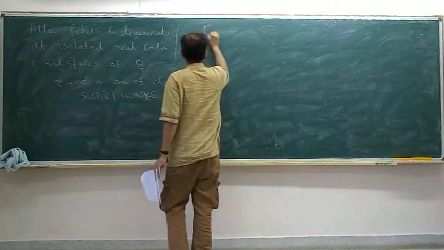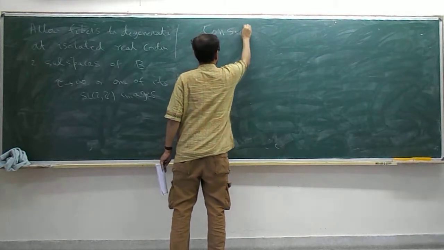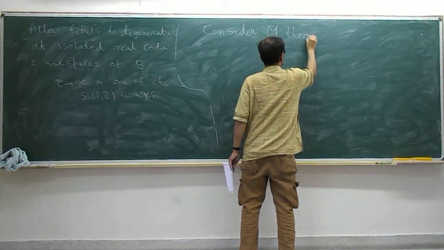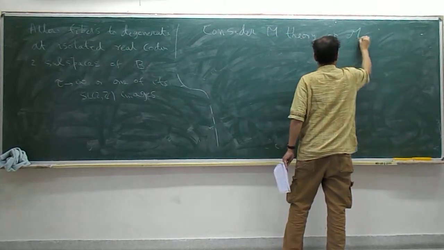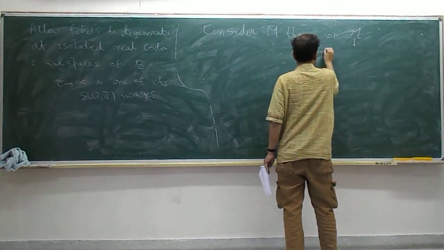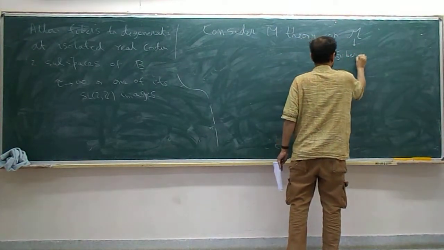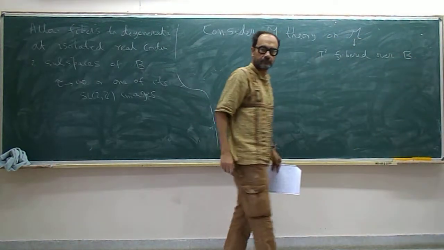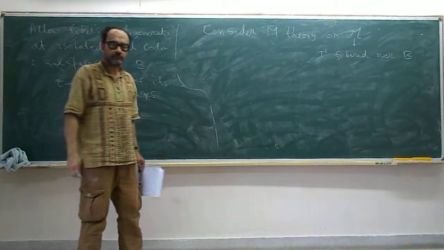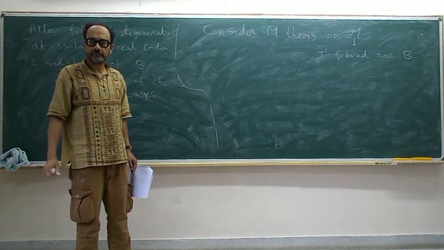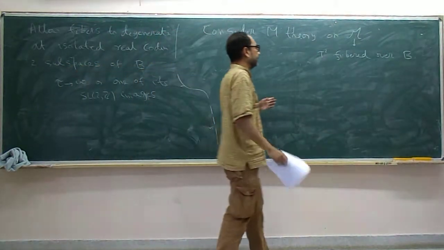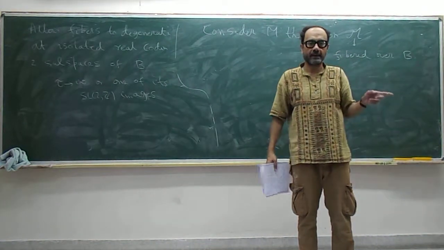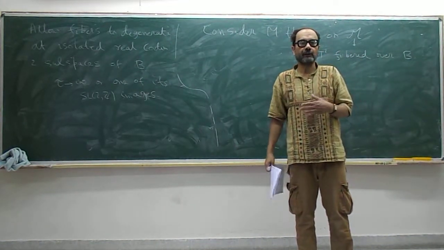So let's consider M theory on M, which is a T2 fiber over P. From this description it should become clear that the information as to how tau varies as a function of the base coordinates is information about the complex structure modulus.